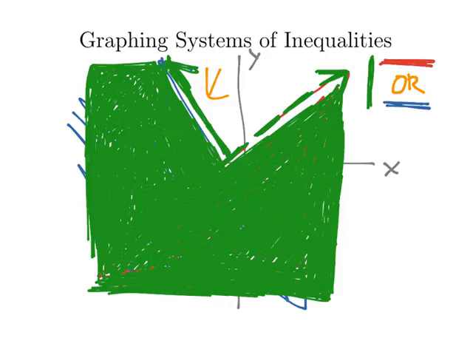Now usually when you do this, you'll want to at least make it visible what the inequalities are coming from. What I mean is that you would show that there is this dashed red line here, and that it's filled in that direction.